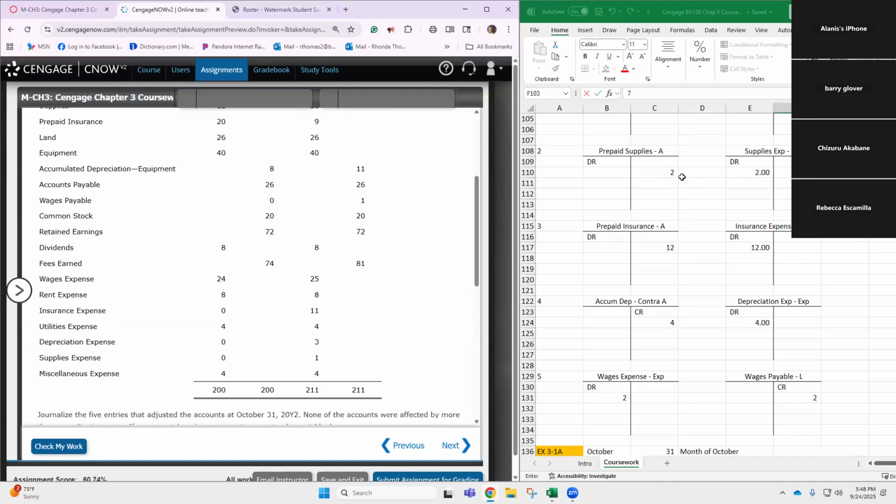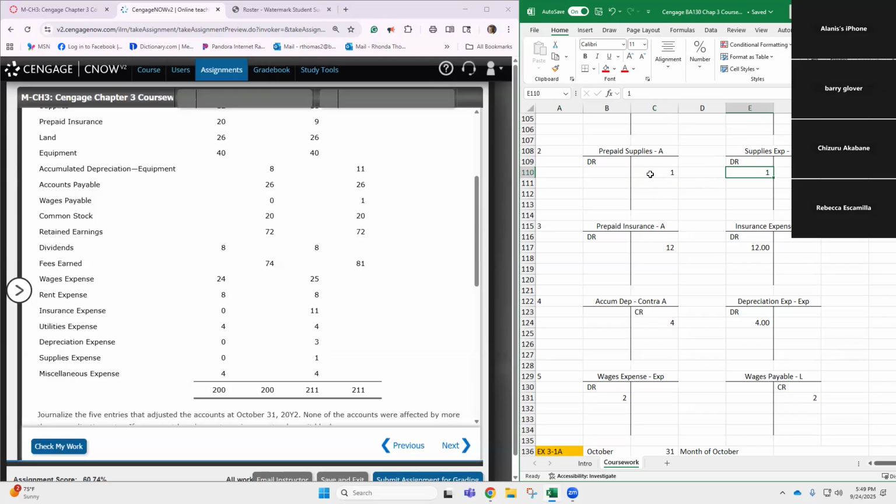Okay, so here's what we're doing. Over here in my little spreadsheet, we're going to make a credit to prepaid supplies, or supplies, and we're going to make a debit to the expense account. Okay, so let me fix this.